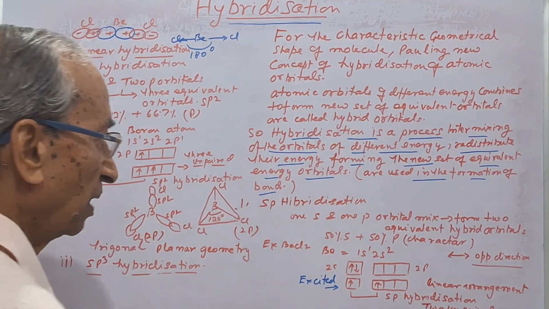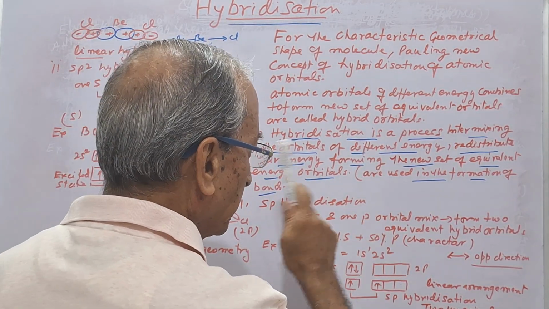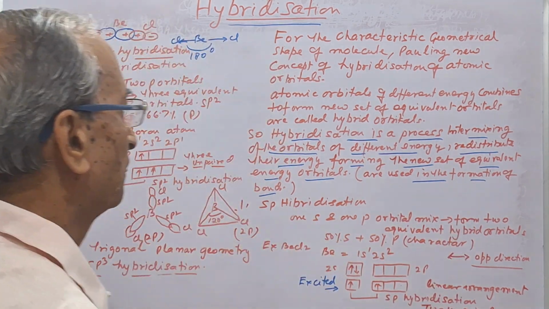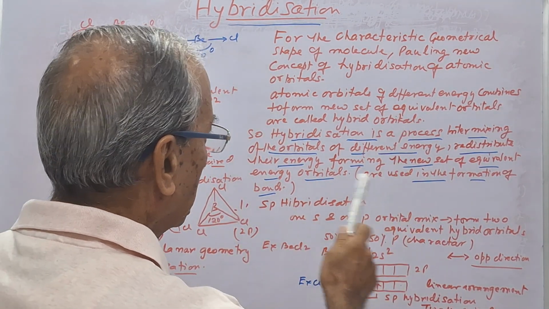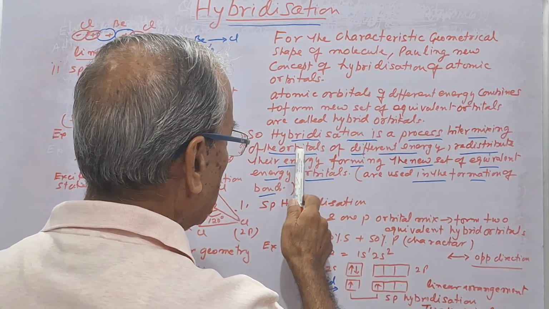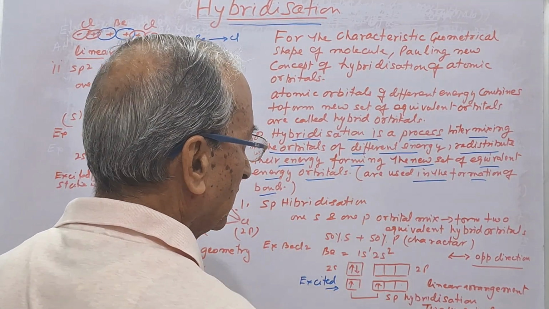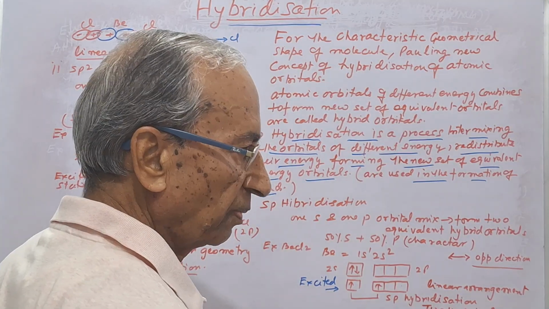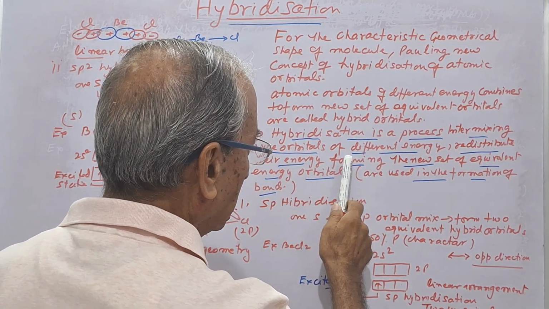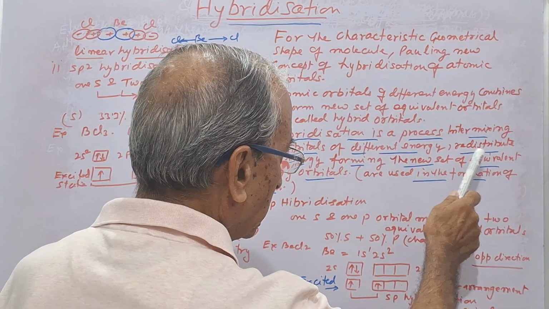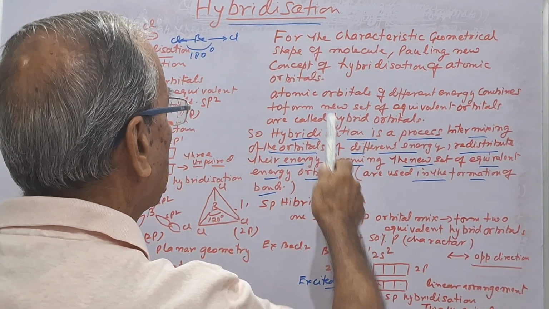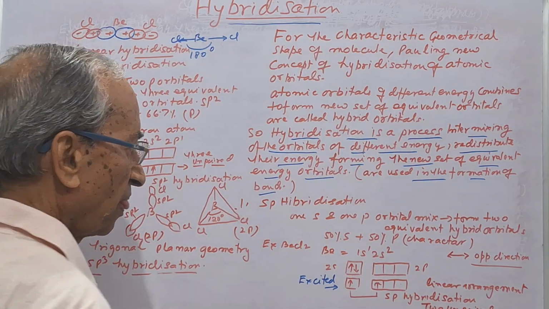It is a very important thing because it is used in the formation of bonds. So, suppose s and p orbitals, they redistribute their energy, forming a new set of equivalent energy orbitals. That is known as hybridization.